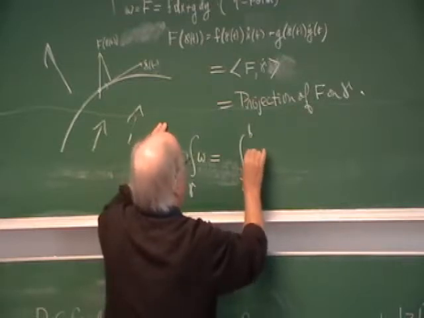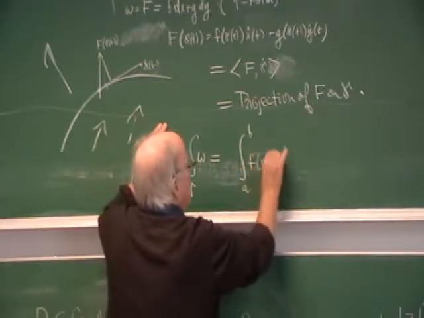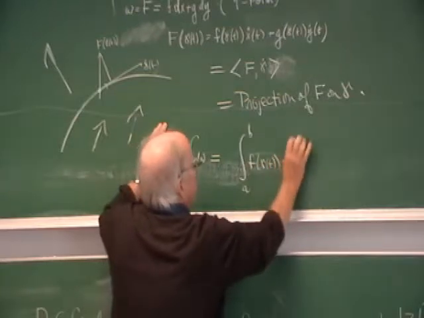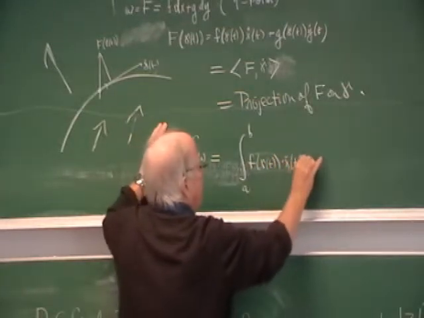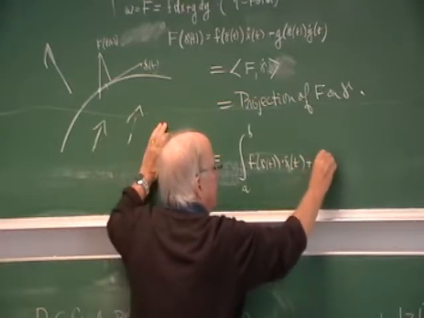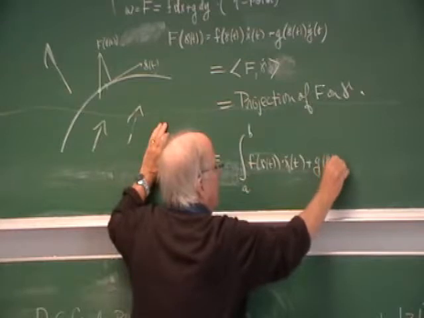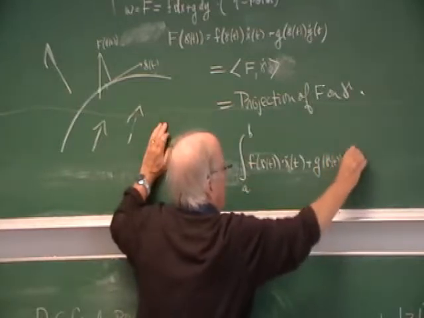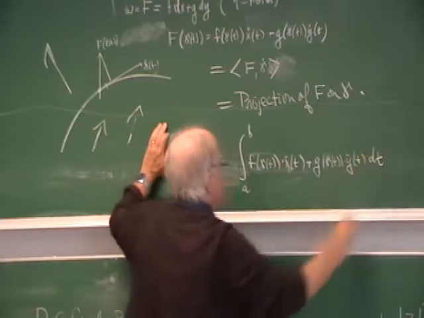The f part gets hit with the x part because we're taking the inner product, and the g gets hit with the y part. So that's the integral over a curve. Well, that's just the usual integral of analysis 1.